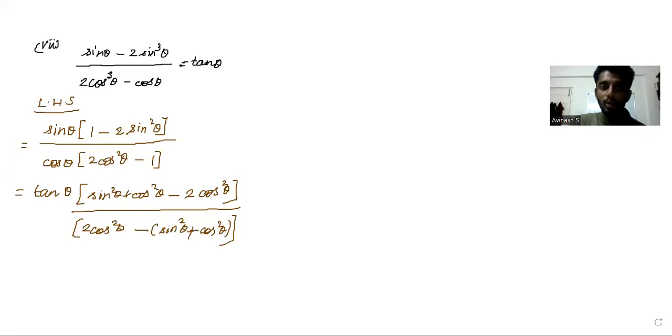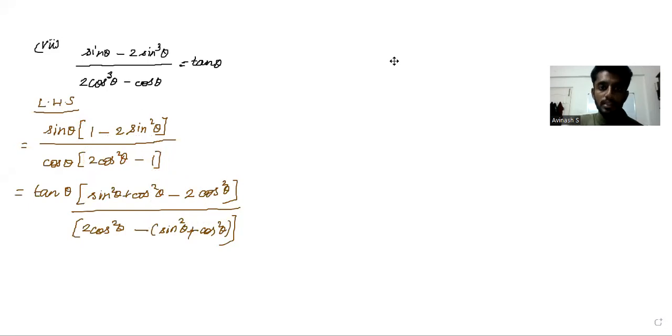So basically what I'm doing here is, in the place of this 1 and in the place of this 1, I'm substituting the identity sin square theta plus cos square theta. In both the ones, we are substituting sin square theta plus cos square theta. I hope it's clear.